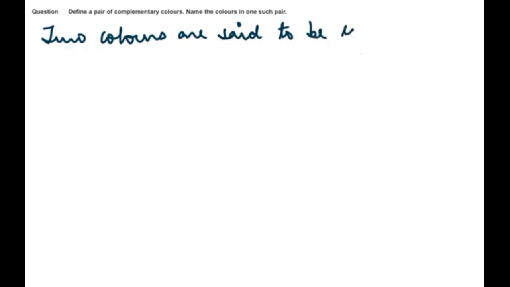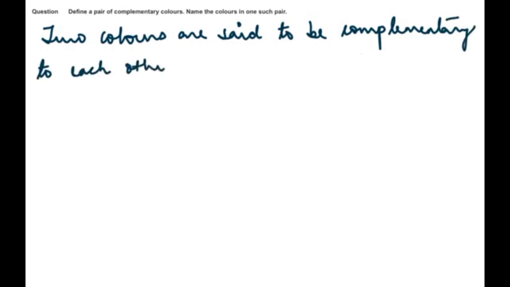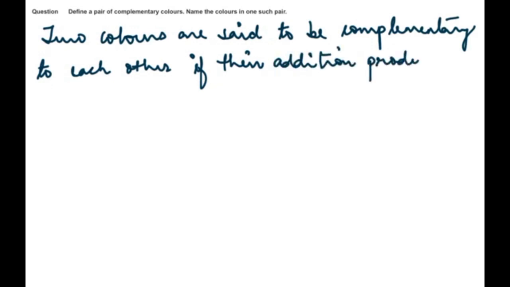Okay, so you can write: two colors are said to be complementary to each other if their addition produces white.